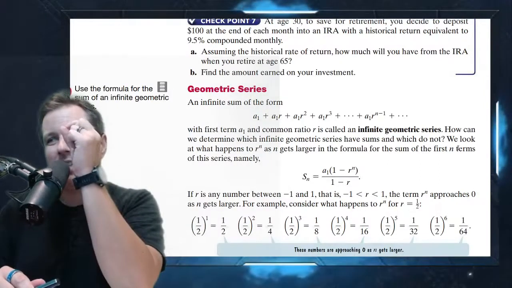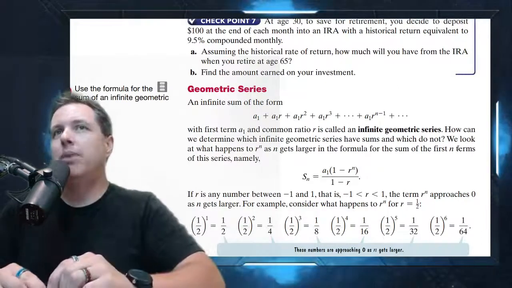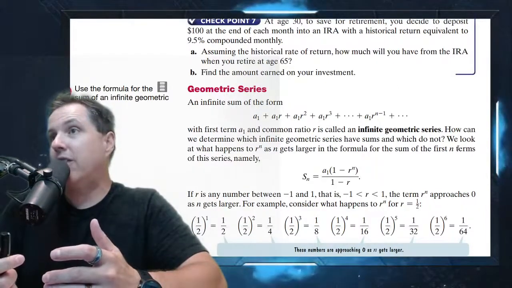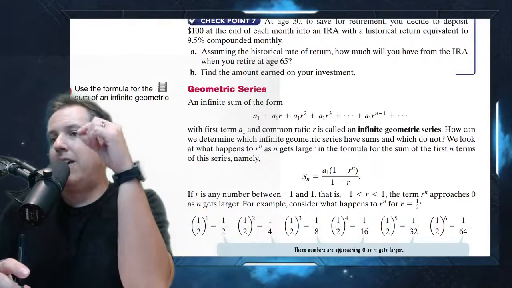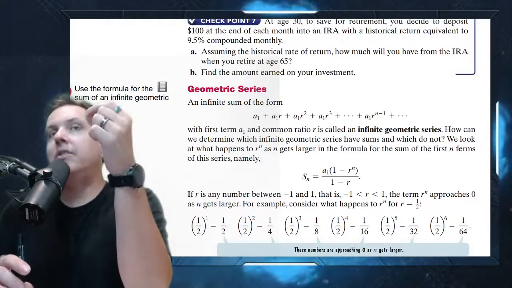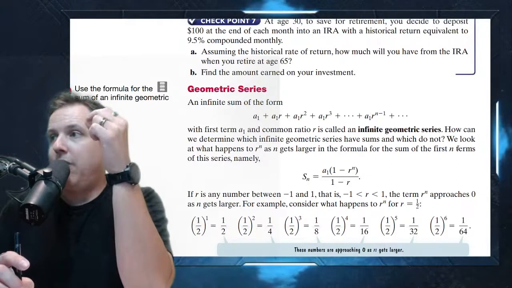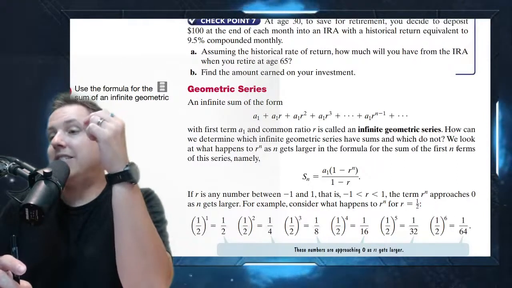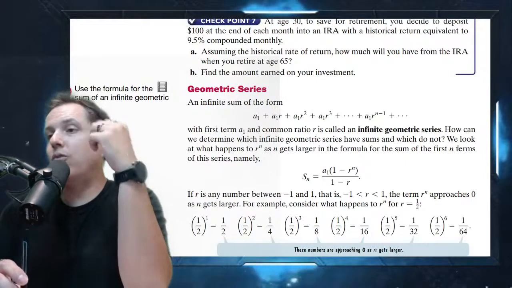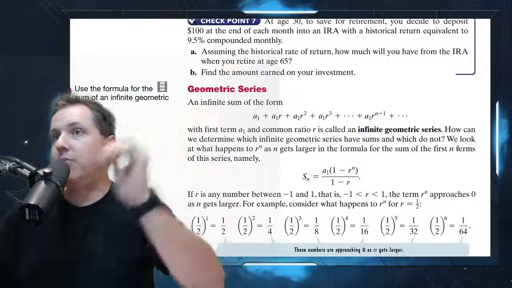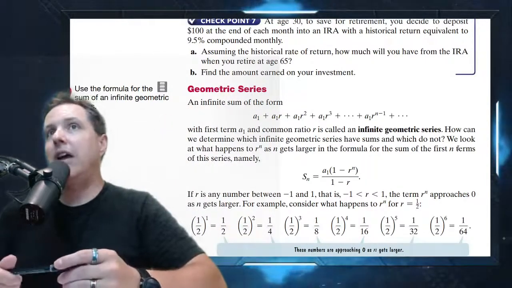I'm just a little distance from the door, but it's pretty close to being 10 feet that I covered. And that's the idea: you can add up an infinite number of steps, and they can add up to a finite number, but it's necessary for those numbers to be shrinking in a very special way in order for the whole sum to not just blow up towards infinity. And that's what we have to kind of think about.